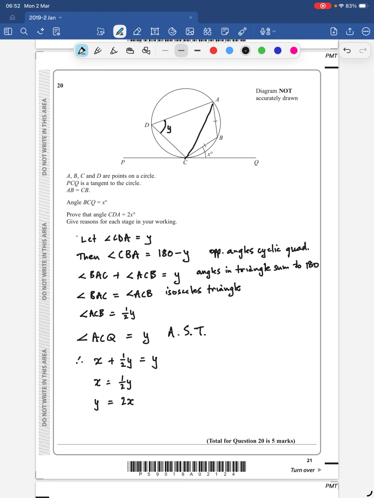And since we said earlier on that CDA equals y, I can say therefore angle CDA equals 2x. And that'll get me all the marks.